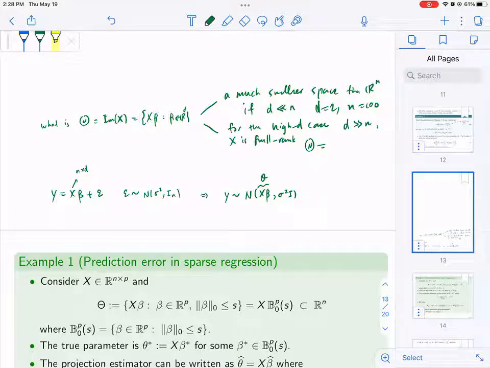Theta is in Rn, because this is n by d. So it would be an n-dimensional subspace of Rn, which would be the entire Rn. So in this case we're back to the unrestricted normal means model, and you shouldn't be able to do any good here without any more constraints. So that's where, again, we introduce some set of constraints.